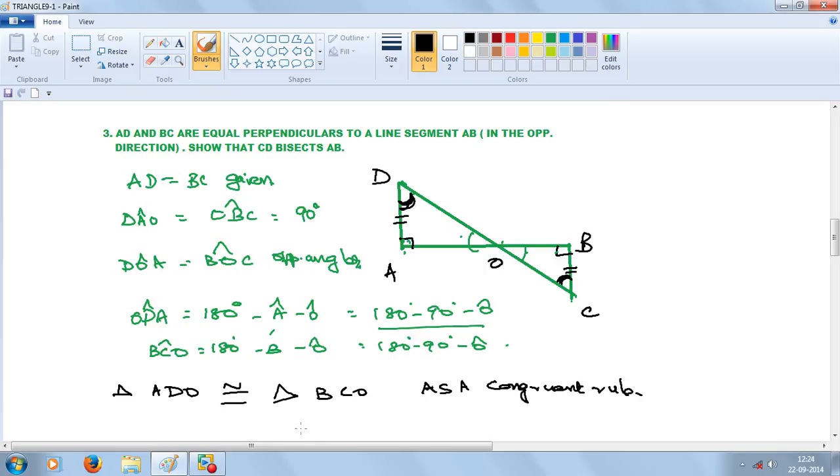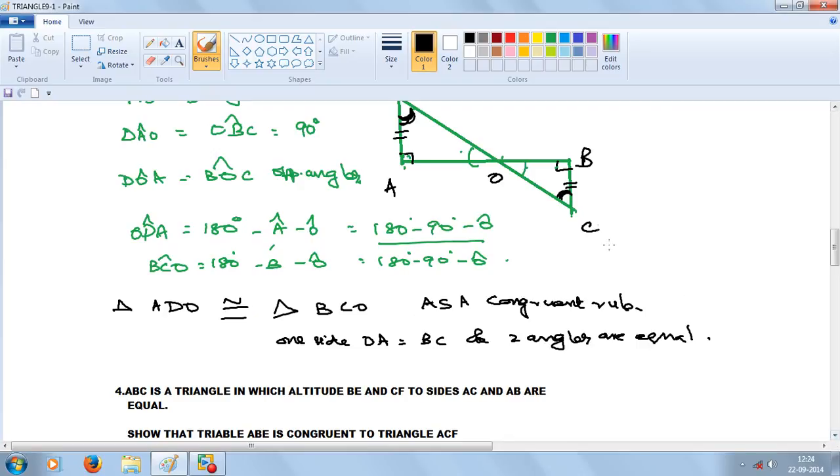So what does ASA say? One side, DA is equal to BC, and two angles. You should notice the way of writing.